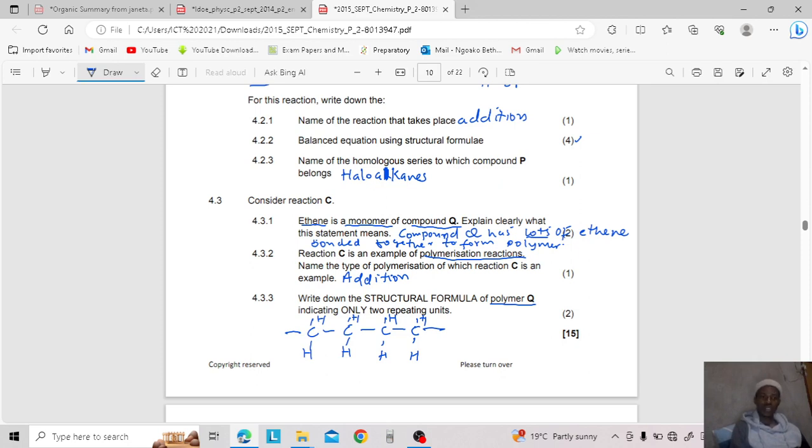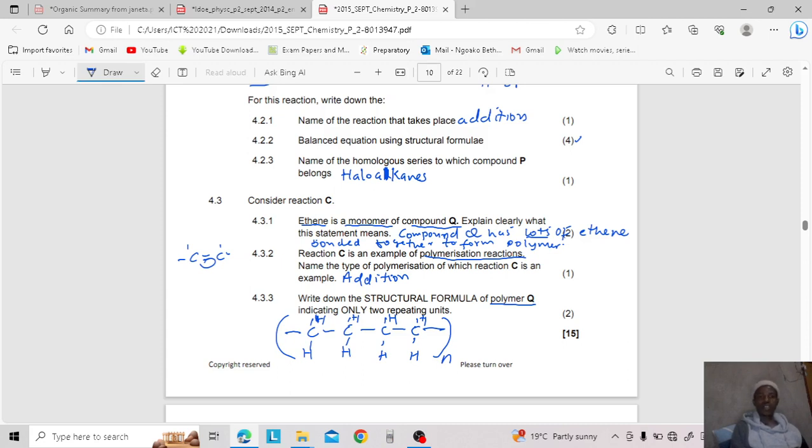So meaning if we have an ethene like this, with the hydrogens here, for us to join it here, we must break this bond, then it will come here, and then we have many of them, the other one comes this side, and then the structure will keep on being big and big. So rather we can leave it here, or because it's a polymer, of course we can show that there are more joints that we can make on the structure.